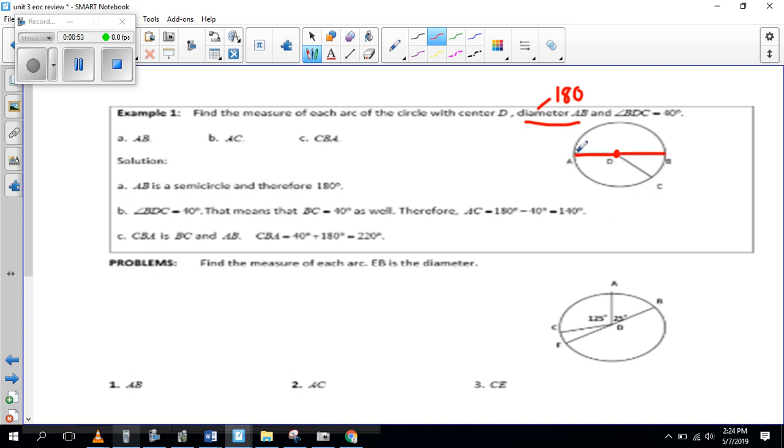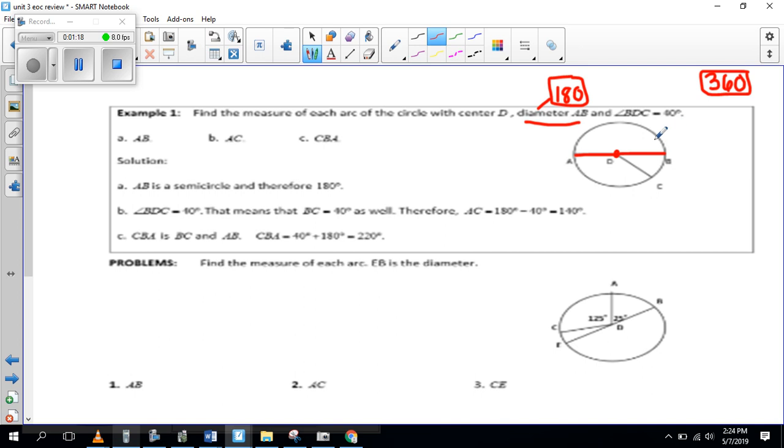I know this half should be 180, and this half should be 180, because the whole circle adds up to 360. Those are our key numbers when we're talking about circles, 180 and 360. Diameter, 180. If it's a whole circle, 360.